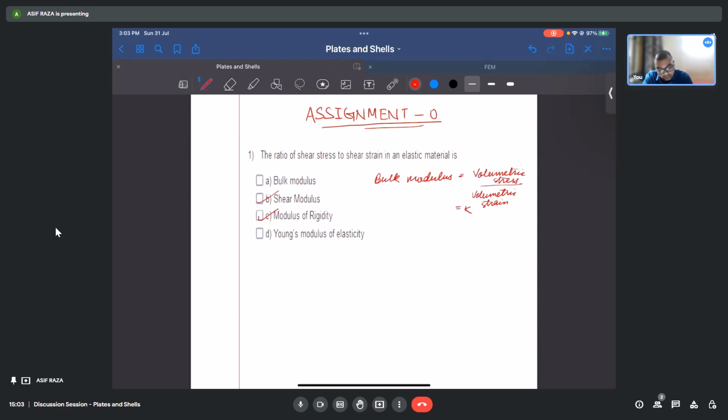Young's modulus of elasticity is the ratio of longitudinal stress upon longitudinal strain. It is generally denoted by E, while the shear modulus and modulus of rigidity is generally denoted by G.